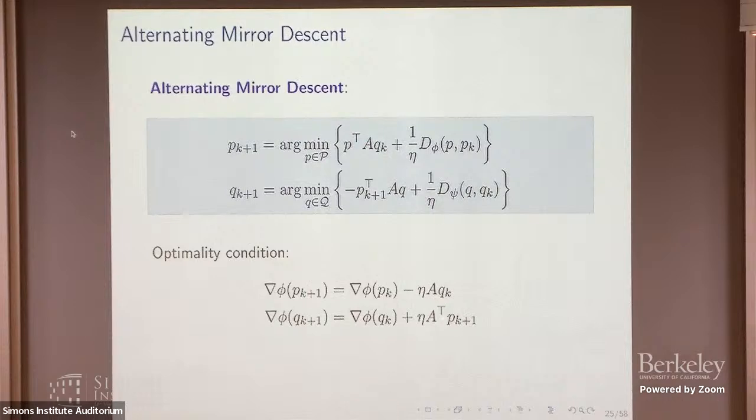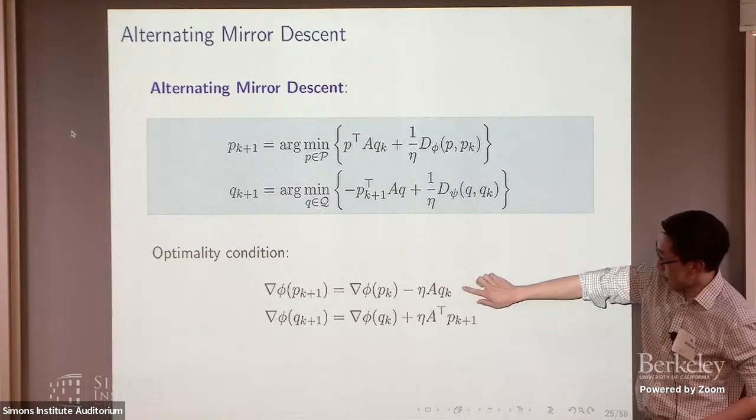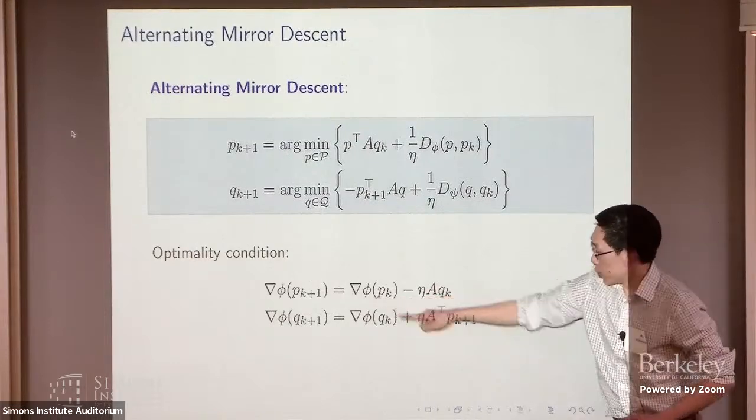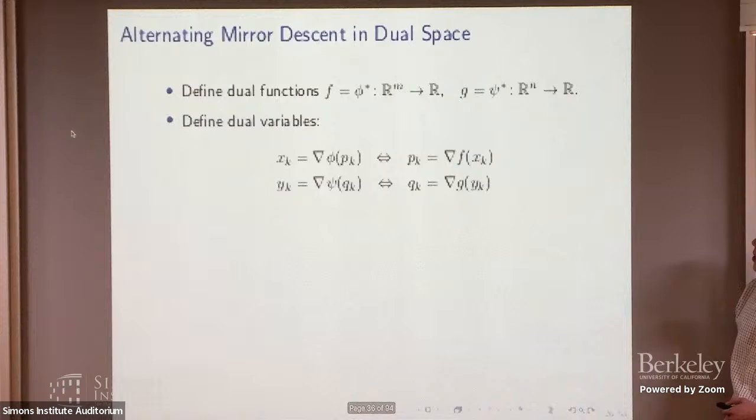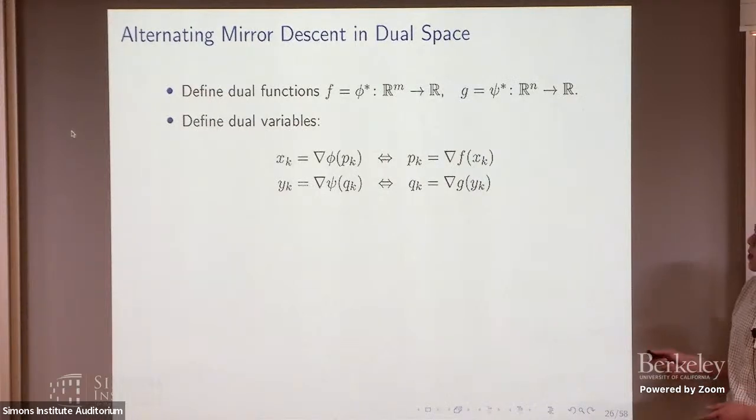Okay, so we write down the optimality condition in terms of these new variables, and let's define the dual functions. Let me call f the dual function of phi, the regularizer for p, and g the dual function of the regularizer for q, the second player.